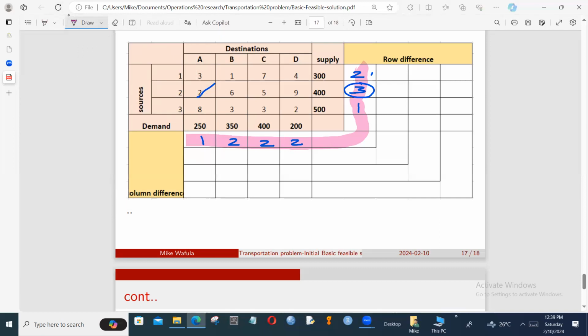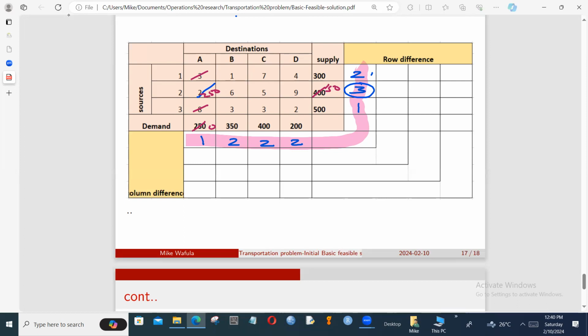So you'll assign 250 here. And then this one remains with 150. But this one will be done. So you'll be done with destination A. But then source 2, you'll still be having 150 units. So you're done with the first iteration.